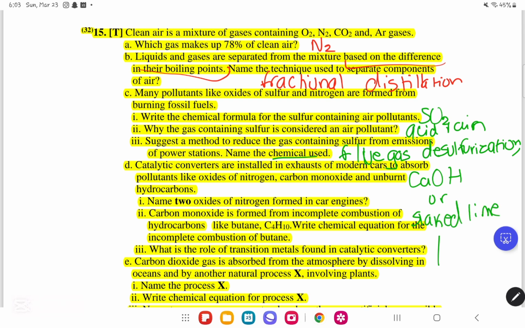Okay, so for part C, the chemical formula for sulfur containing air pollutants is SO2. It's considered an air pollutant because it forms acid rain. Now, a method to reduce the gas containing sulfur from emissions of power station, this is flue gas desulfurization. The chemical used is either calcium hydroxide, CaOH, or slaked lime.